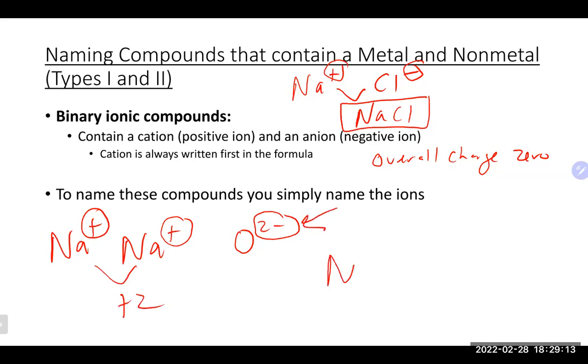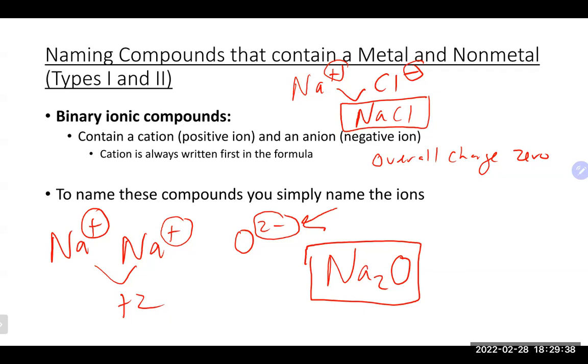And when I put it together to write the proper formula, it should look like that. Again, no charges are written in the formula for an ionic compound, but it actually is made up of two things that have charges. It's made up of two sodium ions that have a +1 charge and one oxide ion that has a -2 charge. Any questions on that there?